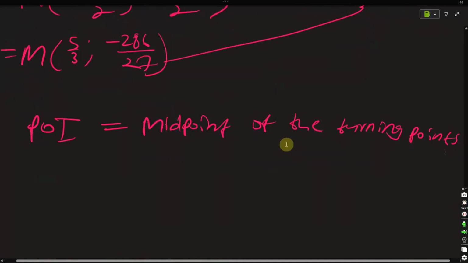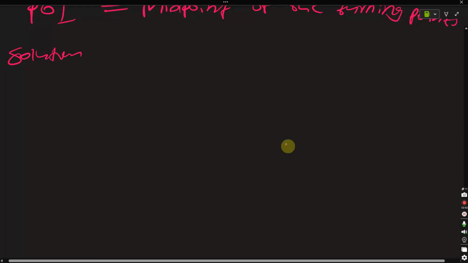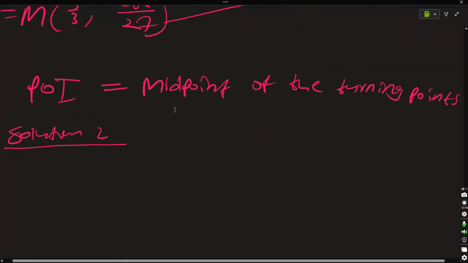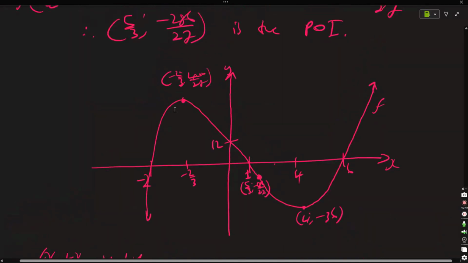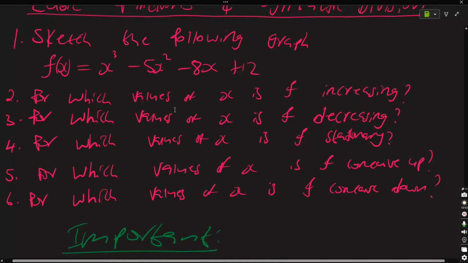So now, number 2 and number 3, let's say solution 2, are talking about the increasing and decreasing of a function. Question 2 says, for which values of x is the graph increasing?